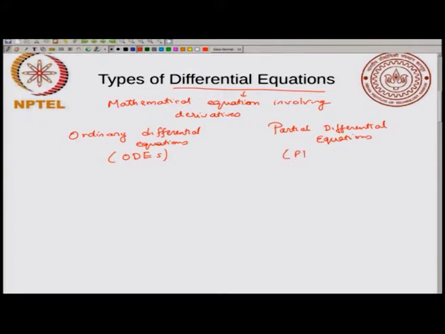This is PDEs, and really the most important thing about partial differential equations is that this has dependence on multiple variables. So, it has quantities that depend on more than one variable. This involves partial derivatives.